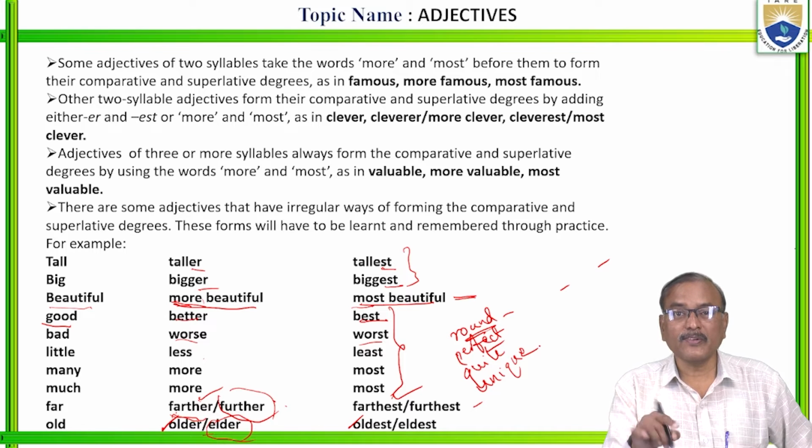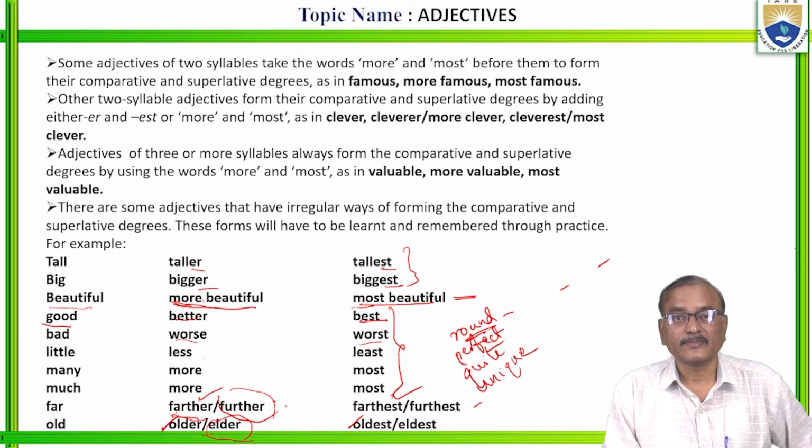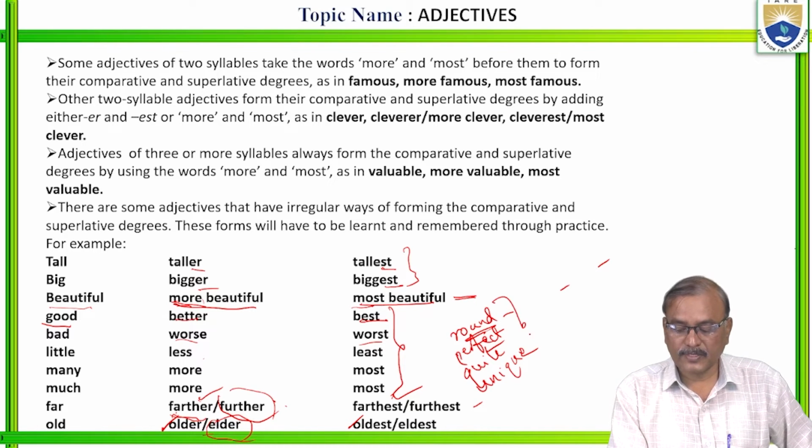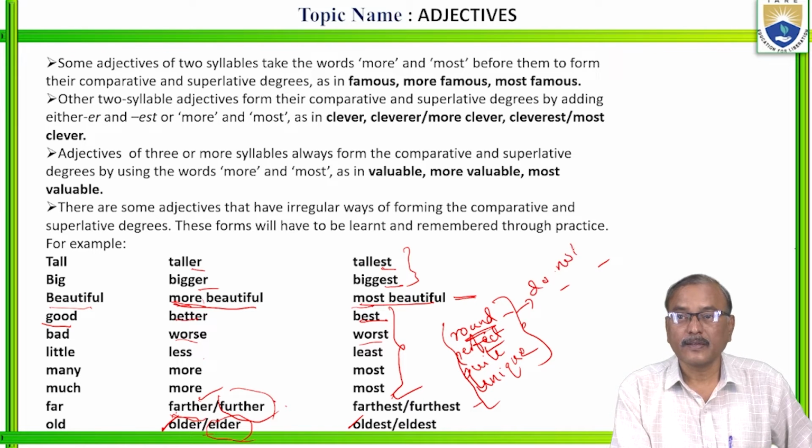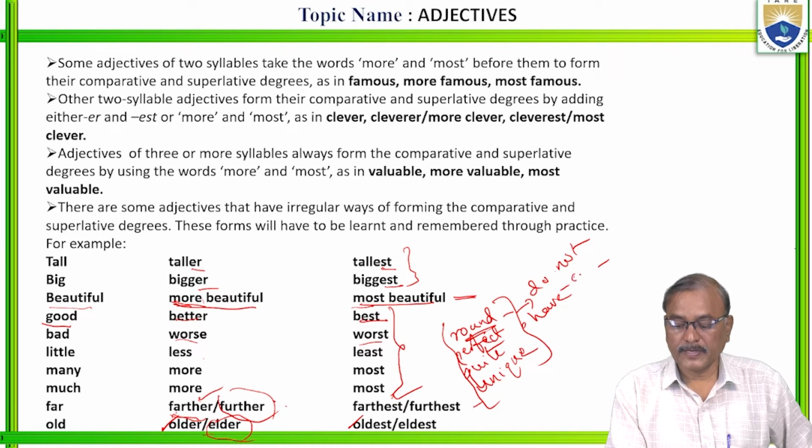Unique means only one of its kind. So these words do not have comparative and superlative forms.